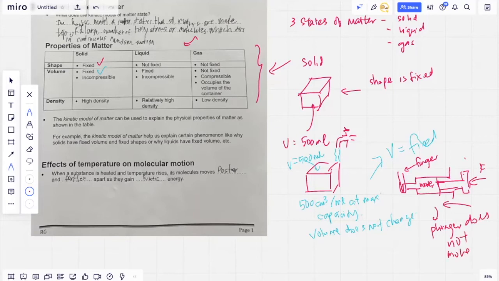So the plunger will not move towards the left. That means it indicates that the volume does not change when you force it to change. So therefore, it is incompressible.